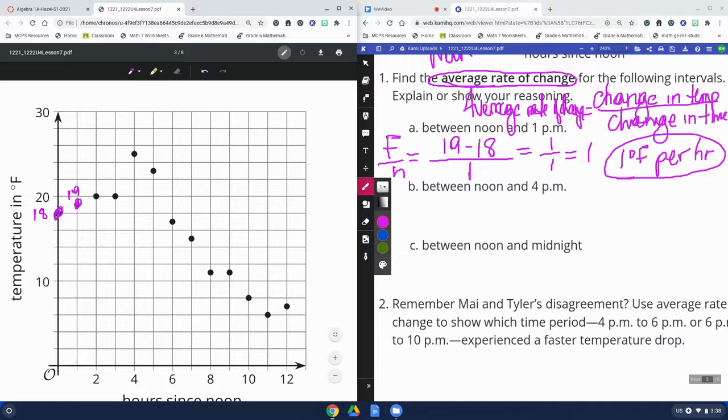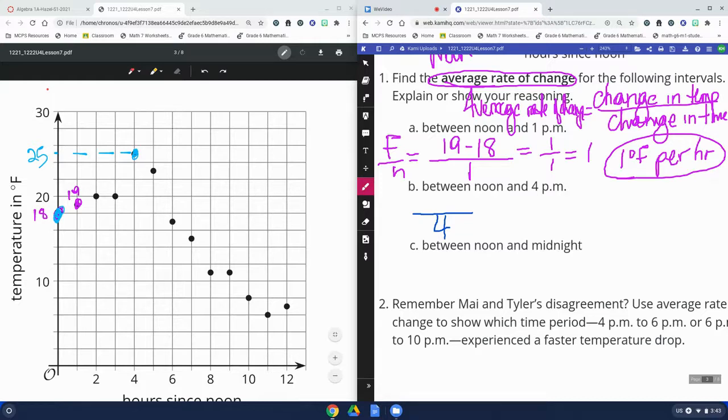All right. Let's look between noon and 4 p.m. So between noon and 4, that's a change in 4 hours, right?